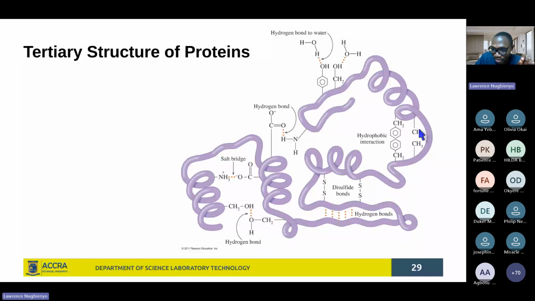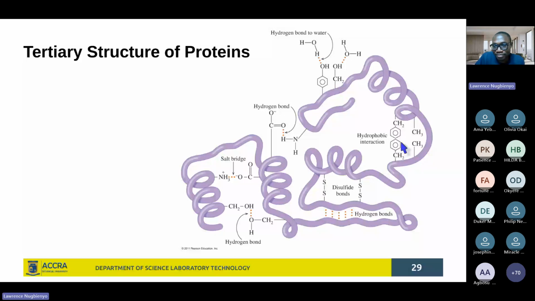So if you have CH3, CH3 close to each other, the interaction between them is going to be hydrophobic. The same way, if you are having, say, phenylalanine, two of them close to each other, these groups are also hydrophobic. The interaction between them is going to be a hydrophobic interaction.